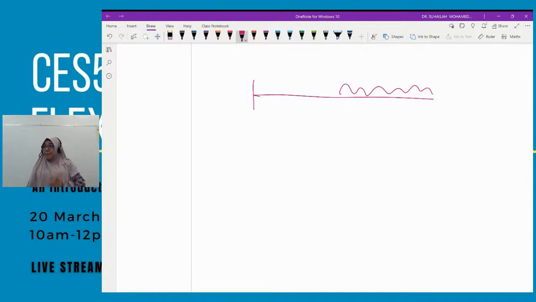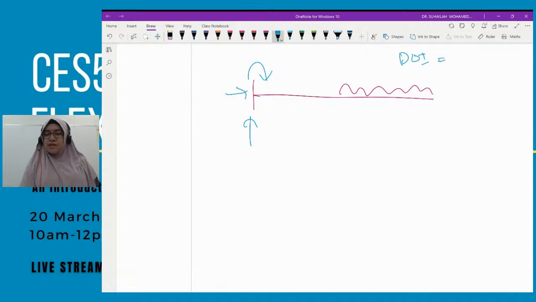How many unknown reactions for this? 3, at the fixed support: 1, 2, 3. The DOI is equivalent to 0, right? So these 3 unknown reactions can be solved using 3 equilibrium equations.